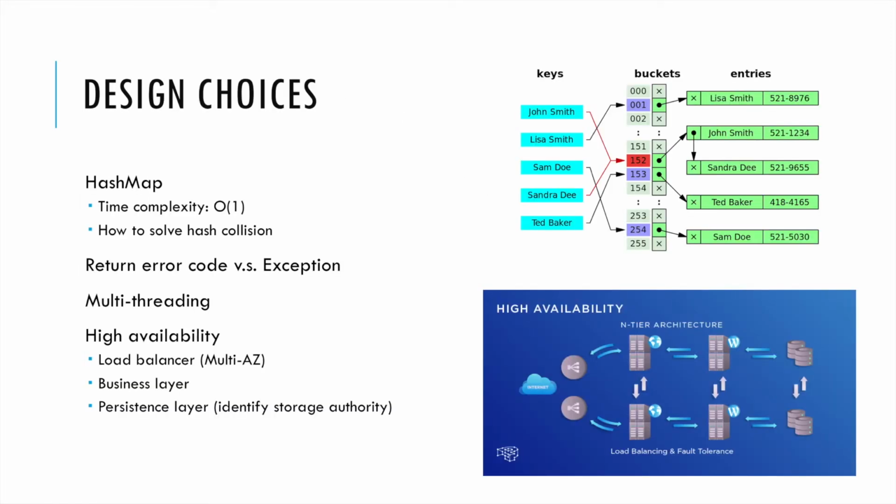For a successful design, we need to consider several choices. In this problem, we need to consider the hash map, because in the garage we use a hash map to store all the parked cars.